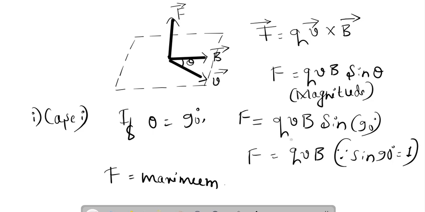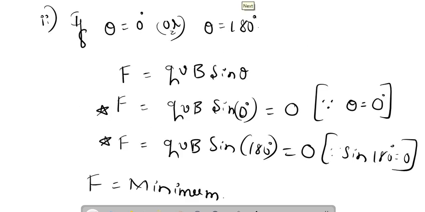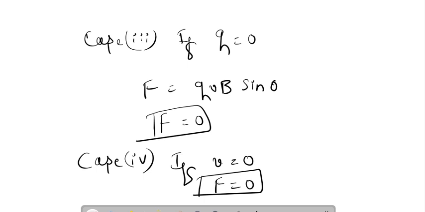So F is equal to QVB sine 90 degrees if theta is equal to 90 degrees, and if theta is equal to 0 degrees or 180 degrees, the force will become minimum. If the charge flowing inside that conductor is 0, then the force is also 0. And if velocity is 0, the force will become 0. So these are some of the cases.